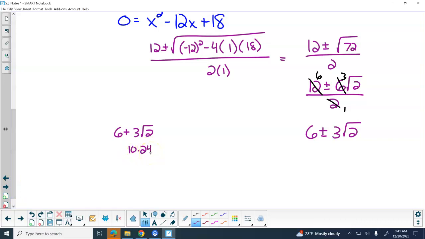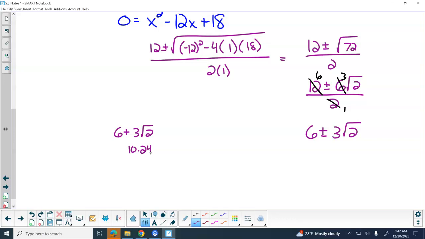Is that going to work in our original problem? Because really we're looking for negative arguments. Am I going to get a negative argument with 10.24? No, because it's x minus 9, so it's 10.24 minus 9, still positive. And 10.24 minus 3, still positive. Yes? Okay, so we're good there.